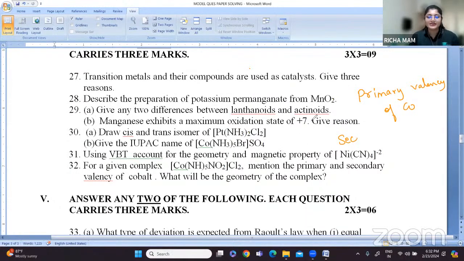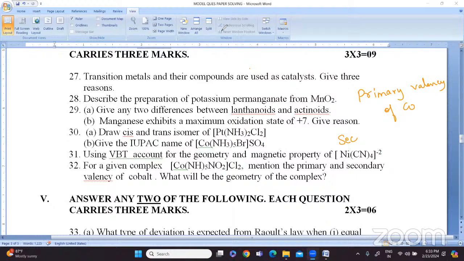What is the difference between primary valency and secondary valency, students? If you are getting confused between the questions, first understand the difference between primary valency and secondary valency. What do you mean by primary valency?